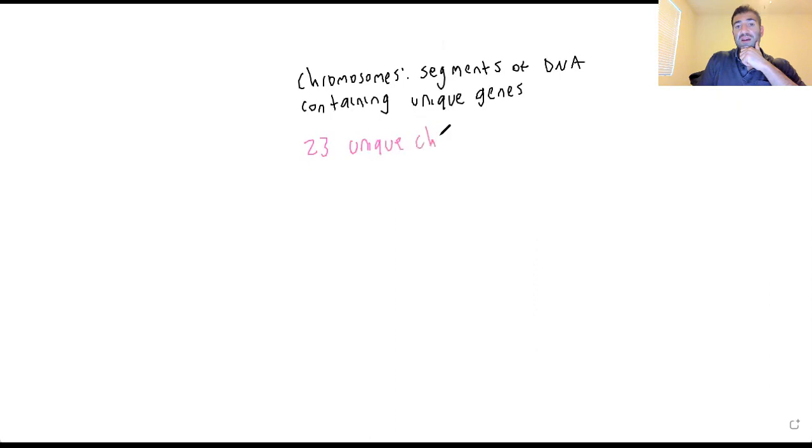I think last lecture, or the lecture before, I talked about how chromosomes are like pairs of shoes. You can have 23 unique pairs of shoes, but you got 2 each, so that's 46 shoes total. So we have 23 unique chromosomes, but we have 2 of each, which is going to give us 46 total.